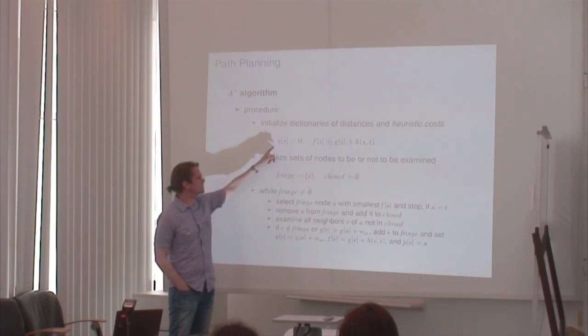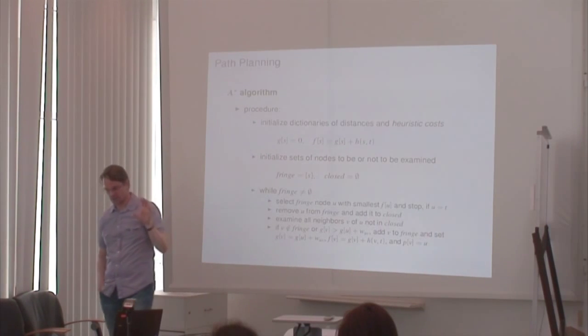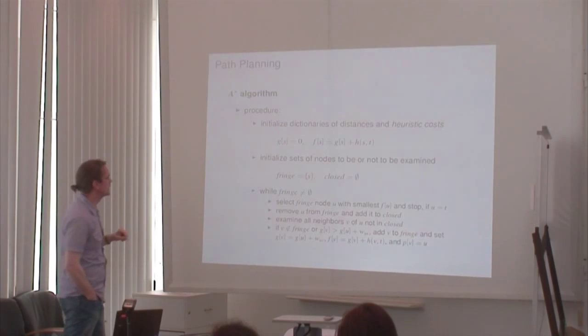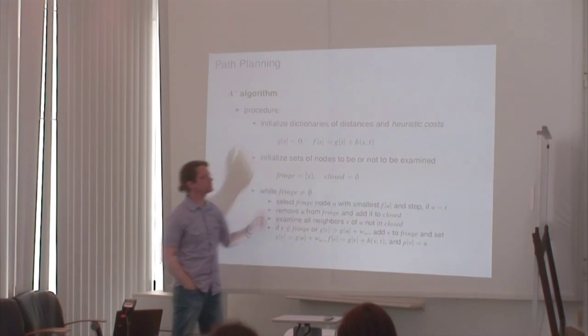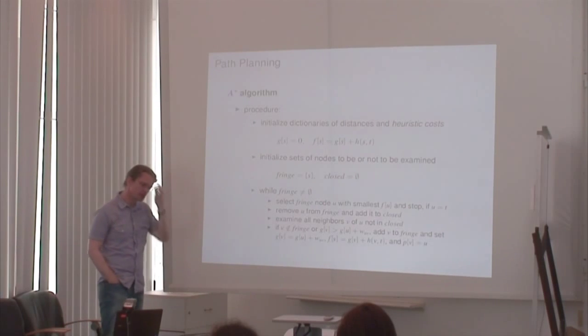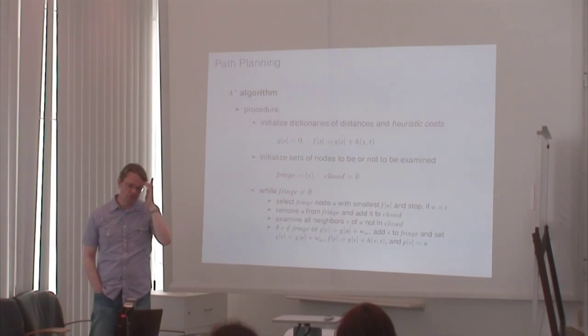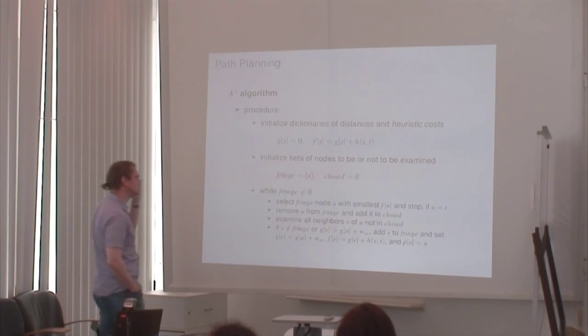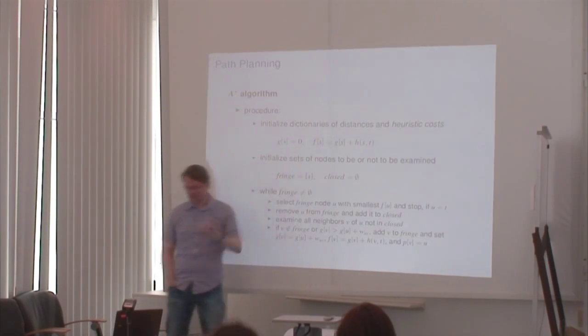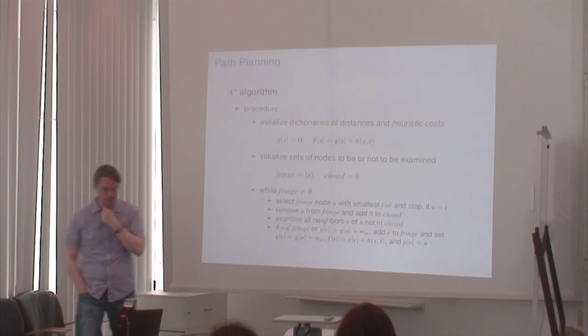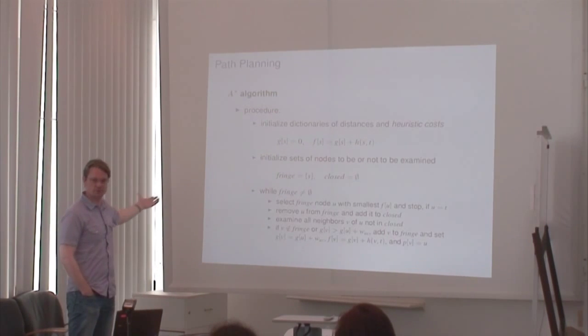So we initialize that one to 0 for the source node, and we initialize another dictionary F, this is a heuristic function, for the source node to be the distance assigned to the source node, G of S, plus some function H of S, the source node, and the target node T we want to reach.